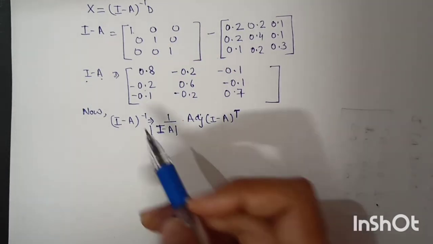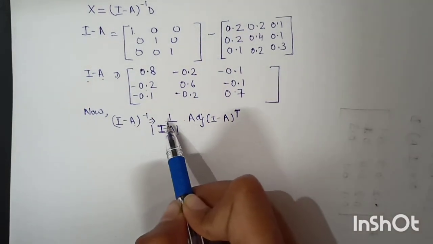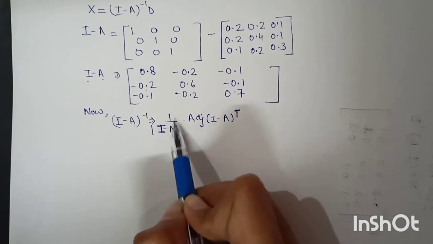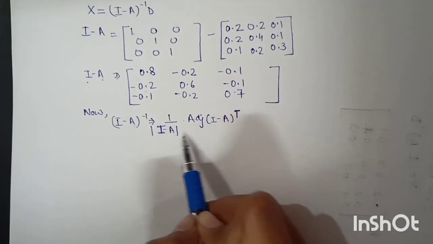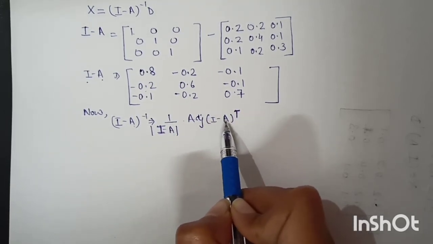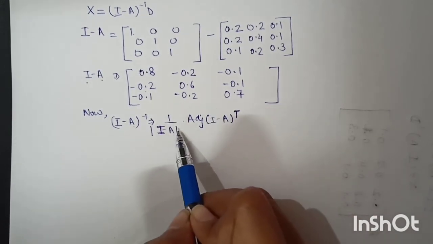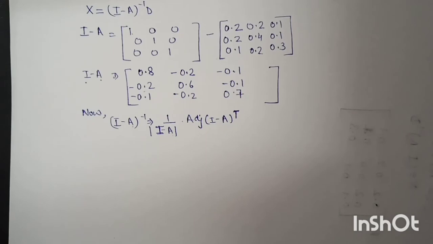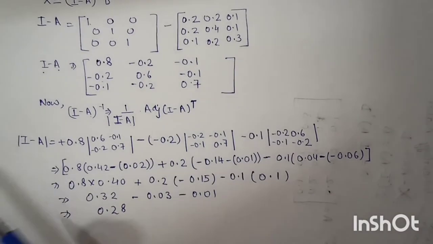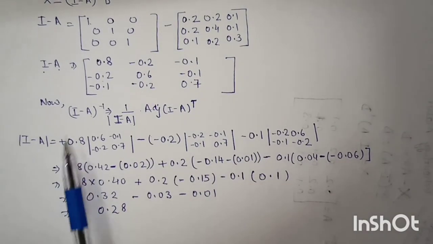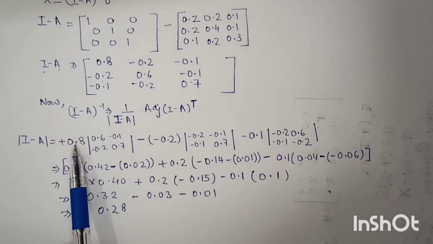Now, for finding (I minus A) inverse, we have to find the I minus A determinant as well as the adjoint, which is the transpose of the cofactor matrix. Now, further finding the I minus A determinant. So students, the I minus A determinant will be found by using the cofactor system.